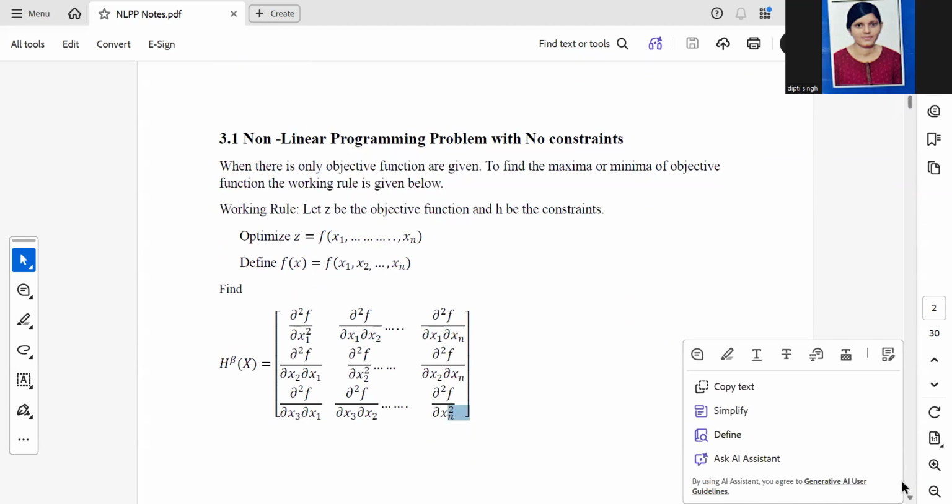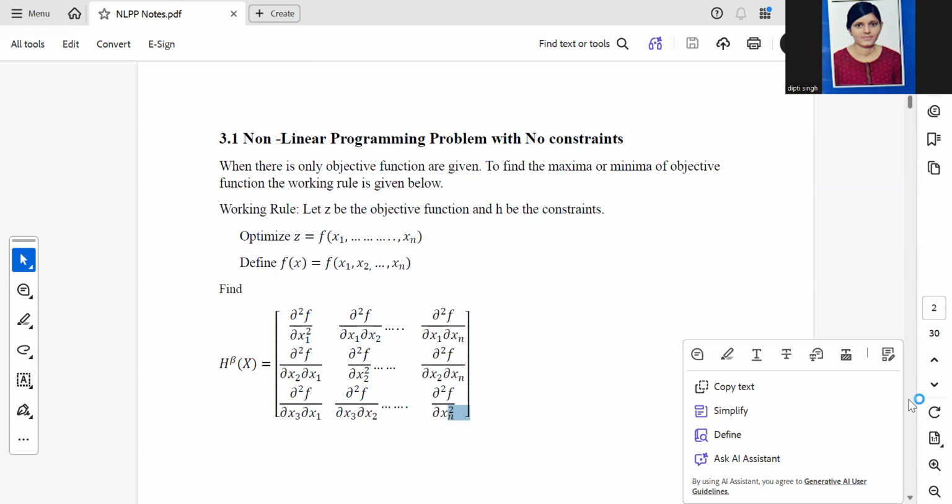Now move to the first part: the nonlinear programming problem with no constraint. When only the objective function is given, we have to find the maxima or minima of the objective function. So what is the working rule to optimize this function?